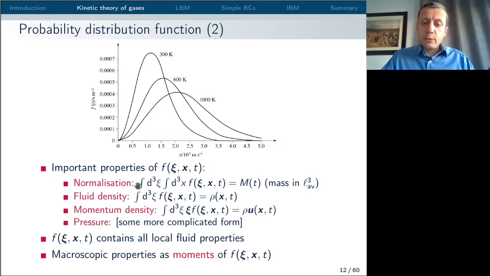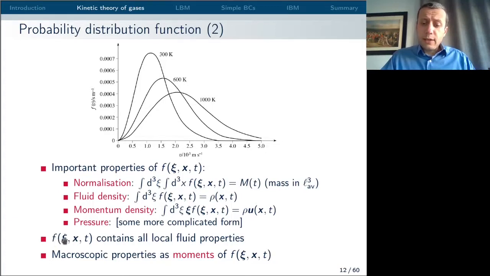What we are really interested in here is fluid density and momentum density, because these are variables that occur in the Navier-Stokes equation. For the pressure, later on we will get an ideal equation of state, but I will not go into detail and I will not talk really about pressure a lot.